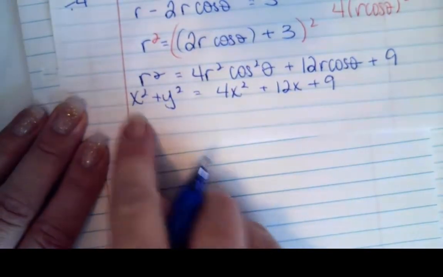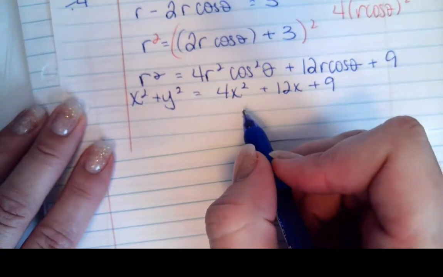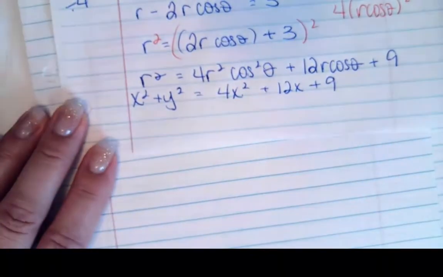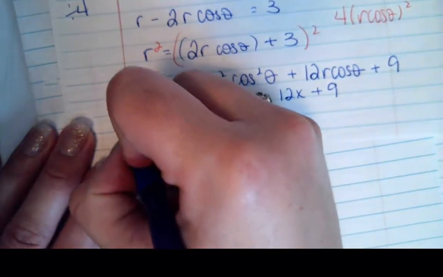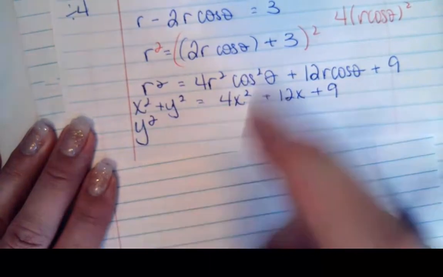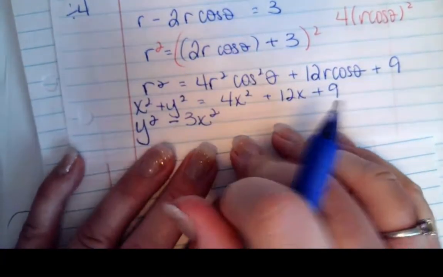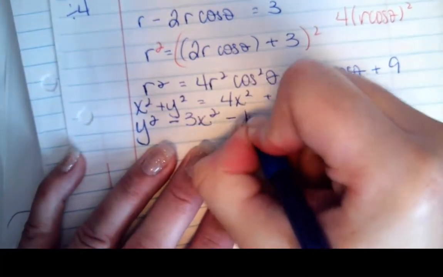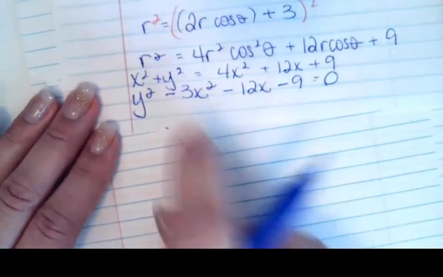So I'm going to pull my x squareds over. Okay, I'm going to pull everything over to the right. So I've got y squared positive. So at this point, I've got a y squared. x squared minus 4x squared is a negative 3x squared. Okay, this is going to be a negative 12x. And this is going to be a negative 9. And that's all equal to 0.